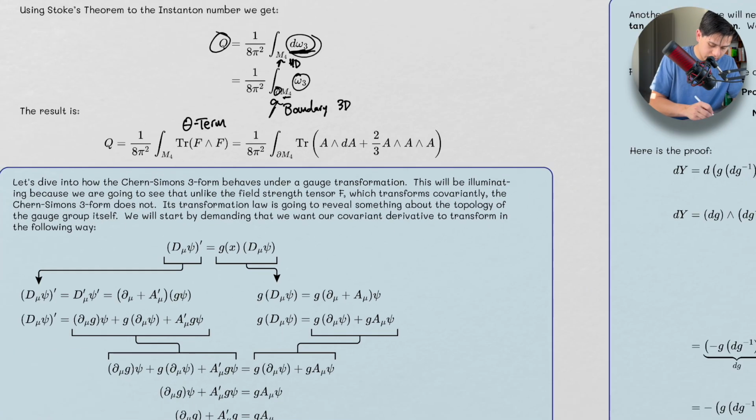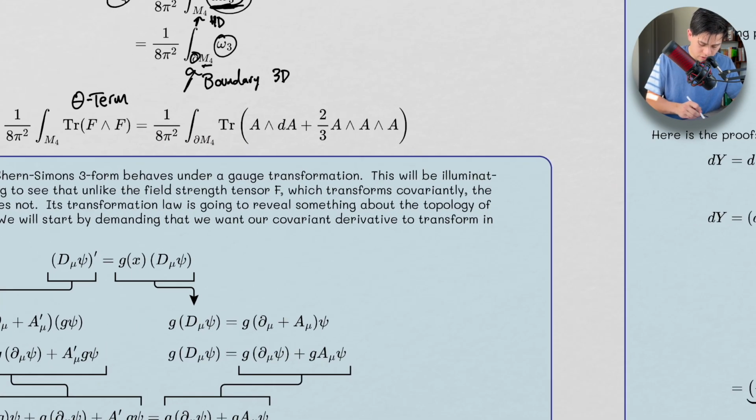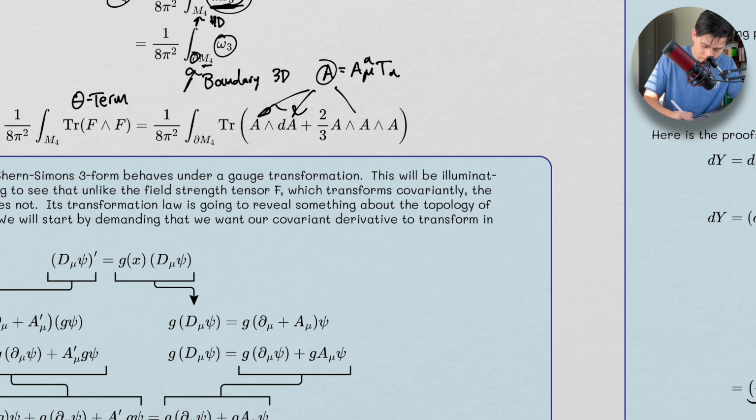The point here is that now we have this equation. Our instanton number is equal to the trace of the integral of something on a boundary, for some trace of this thing. And again, these come from A mu equals A mu a T a, right? That's these guys here, all these guys over here.